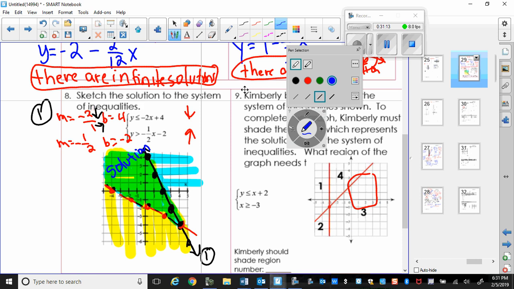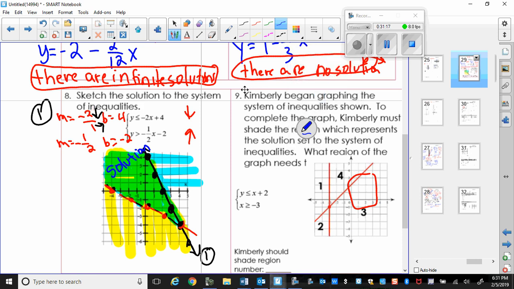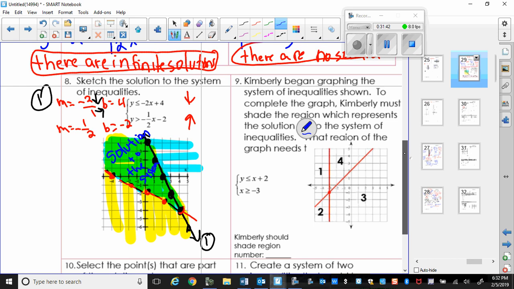The overlap is the solution to the system. Now, for a single equation, there's below and above, that's in the blue and the yellow. Okay? So, something we want to point out on our test: the solution to the system is the shading overlap. Okay? Now, why is it important to me that you be able to see this that way?